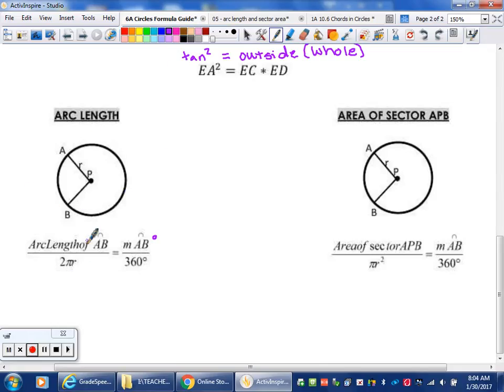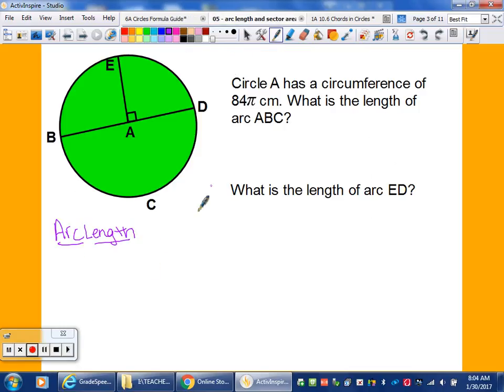It's arc length over 2 pi r, which is your circumference, equals the measure of the arc divided by 360 degrees. So if I come back here and I set that up, my arc length is x, I don't know it. 2 pi r, isn't that the circumference?